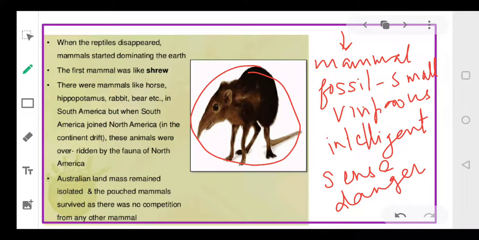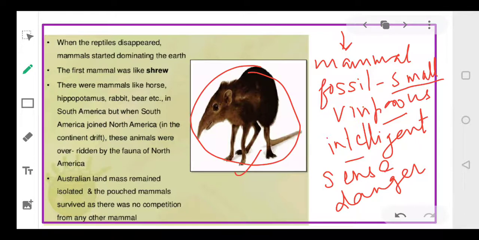So after the dinosaurs, the first mammals appeared on the surface of the earth, and these mammals were just shrew-like. From the fossils we can identify that they were very small in size, they were viviparous, and they were intelligent because they could sense the danger around them.